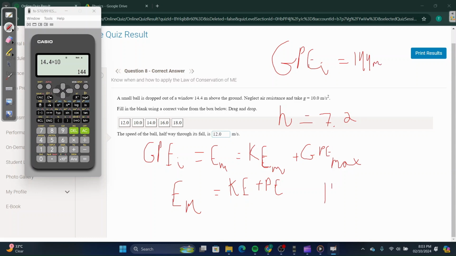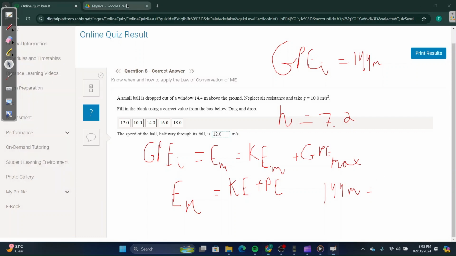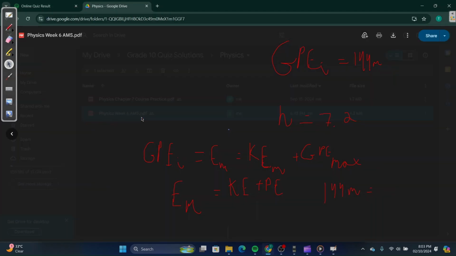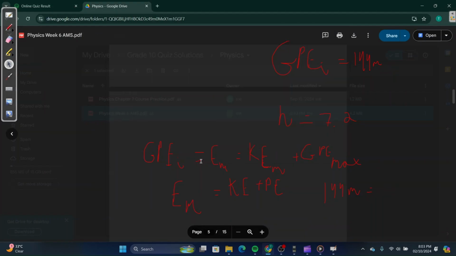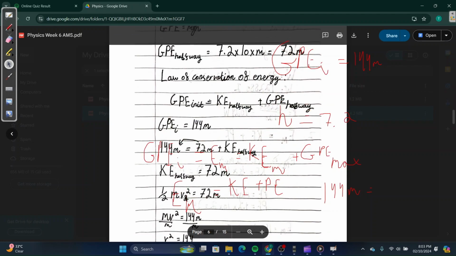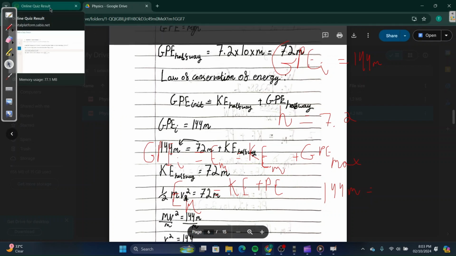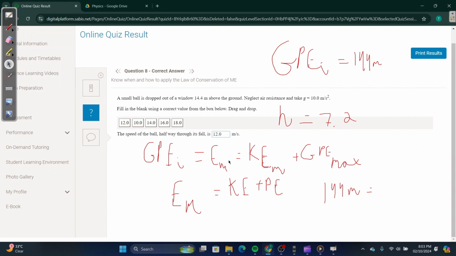So 144 equals the kinetic energy plus the potential energy. I'm going to solve this in a different way; I did it in the copybook. Now we know these two are equal because they meet at the halfway point. I showed it to you graphically.